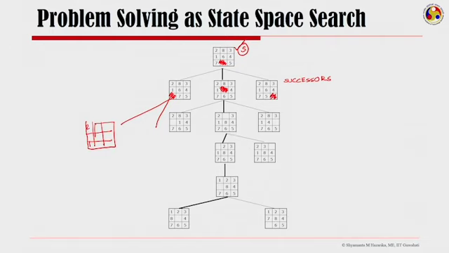So, we could have 2, blank, 1, 8, 6, 7 and 3, 4, 5, and we could have another one which would be like 2 8 3, 1 6 4. 7 could go this side, and I would have blank here, and I would have 5. So, we could generate all the successors from one node.